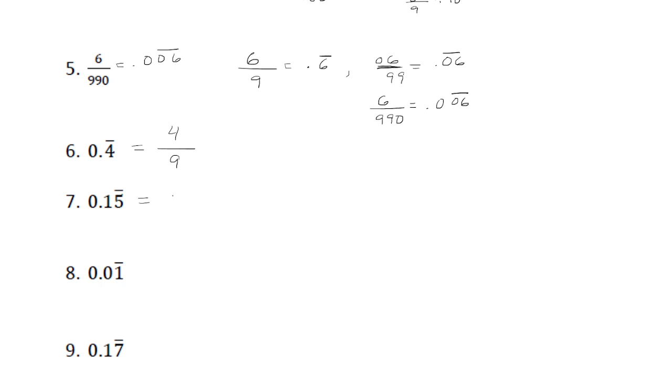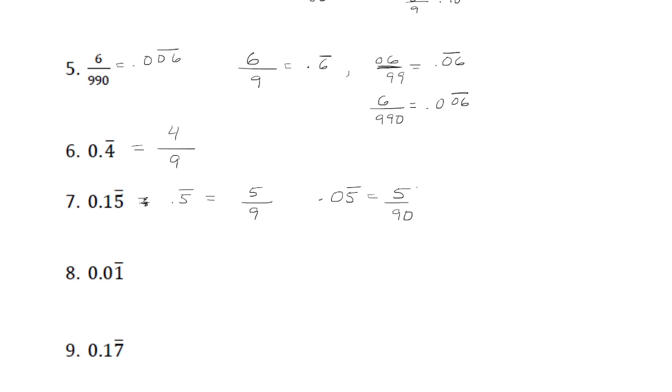For 7, we want to think of this as 0.5 repeating with a couple changes, right? So let's say 0.5 repeating, we know it's going to be 5 over 9, but we want to make space for a 1, so we have to move the 5 repeating one space, which involves us dividing by 10.